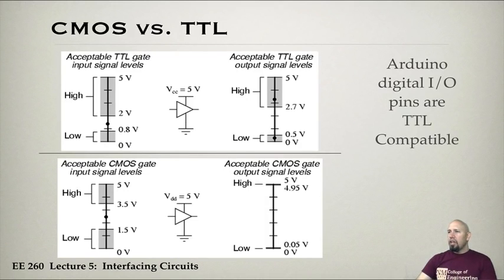Okay, suppose we want to connect up digital to digital. CMOS is one form of digital technology. TTL is another form of digital technology. TTL has these acceptable ranges.